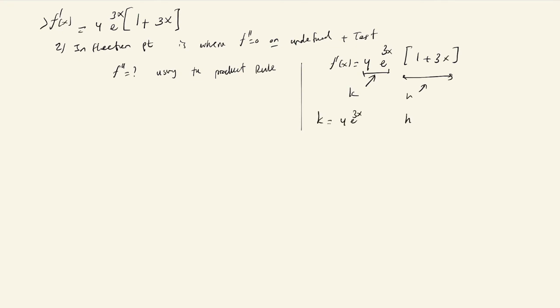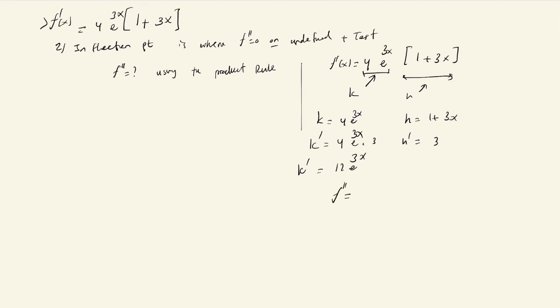Now I'm gonna take the derivative of each. I'm gonna use the chain rule here for k, and then for h, I'm gonna use the power rule for 3x. Now I'm ready to apply the product rule.